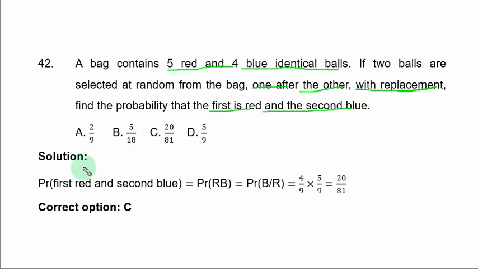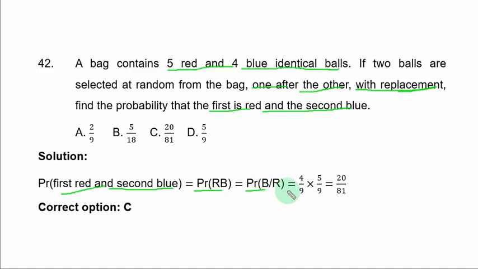Solution: probability that the first is red and the second is blue shows the dependent law of multiplication. That is probability of A and B, which means probability of selecting blue given that the first selection is red.